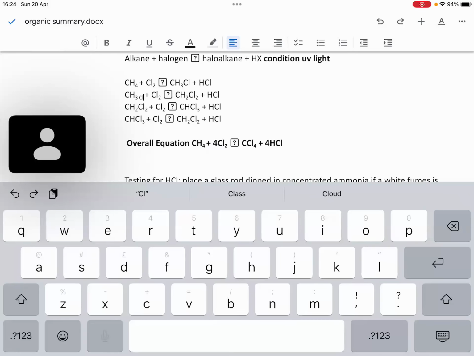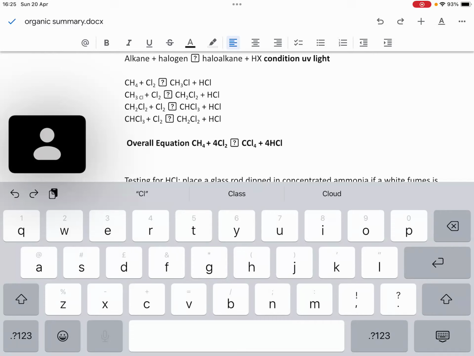Plus Cl2 produces CH2. So 1 hydrogen gets less. So we started with 3, now we have 2 hydrogen. And we gain a chlorine, so it's Cl2. And the name of this compound is dichloromethane, and we form HCl. Then we have CH2Cl2 plus chlorine. We start with 2 hydrogen, so 1 hydrogen is going to decrease, so we end with CHCl3 and HCl.